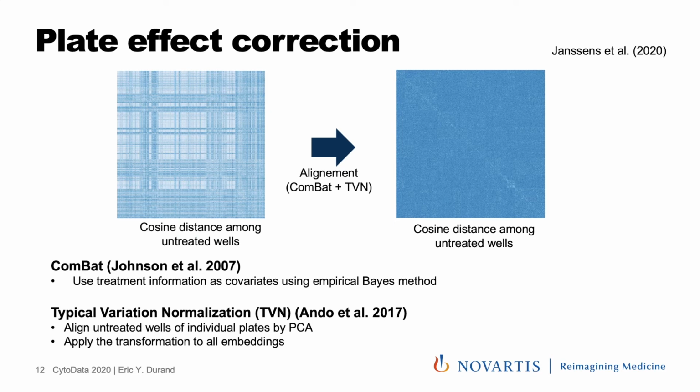One is called ComBat, which uses treatment information as covariates with an empirical Bayes method, and the other, published more recently by Google Research, is called typical variation normalization, or TVN, which does a PCA to align untreated wells of individual plates, and then applies a transformation to all embeddings, basically to the treated wells. You can see on the left a heat map of the cosine distance among untreated wells before we do anything, and you notice a lot of structure. After we do the alignment, the heat map is now completely flat, and the structure is gone.